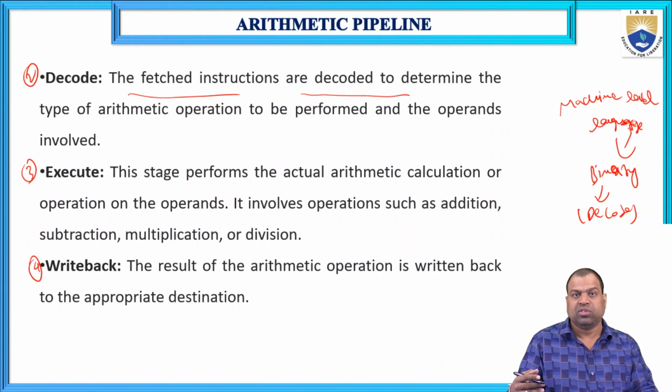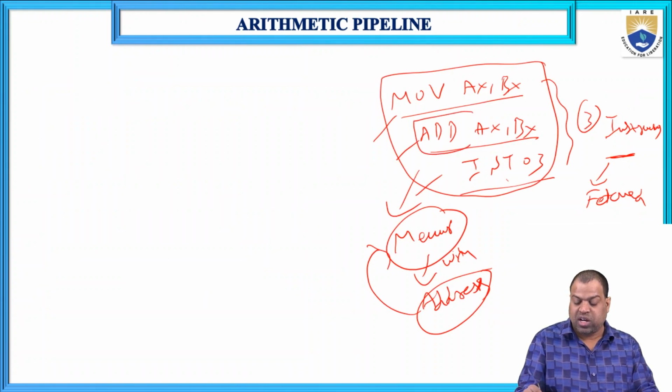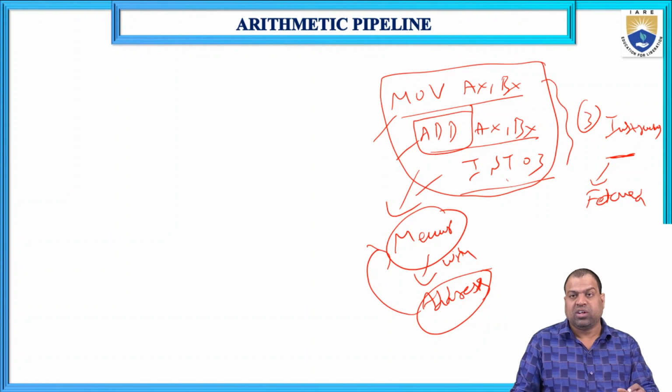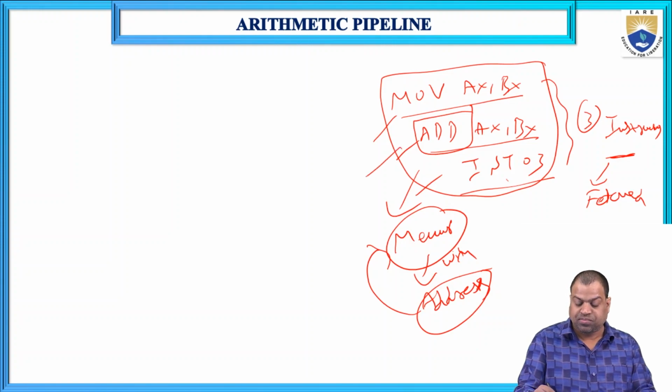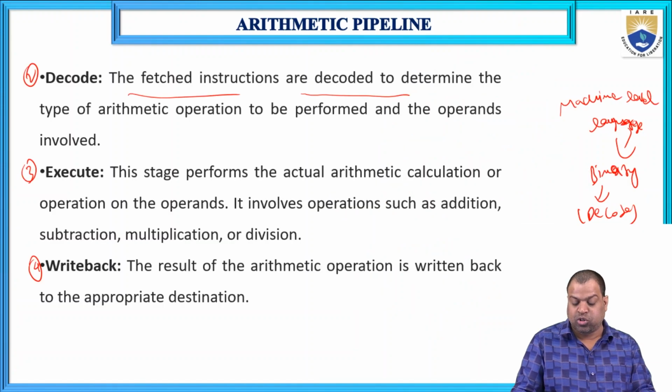After the completion of decoding, what is the process? Here I have to go for addition. So the related logic gates are to be activated. And how many registers did I define? 2 registers. So I need 2 registers with one arithmetic operation. Add means what do we need? We need an OR gate. So the related gate should be called, then it will be performed and the operands are involved.